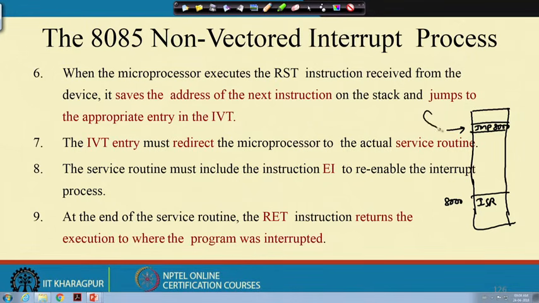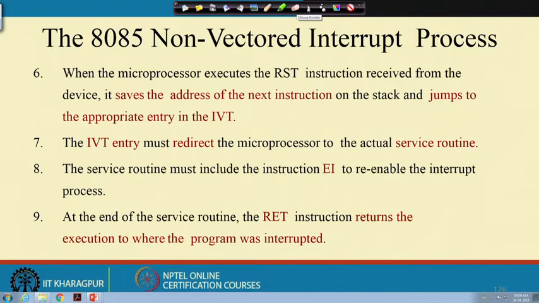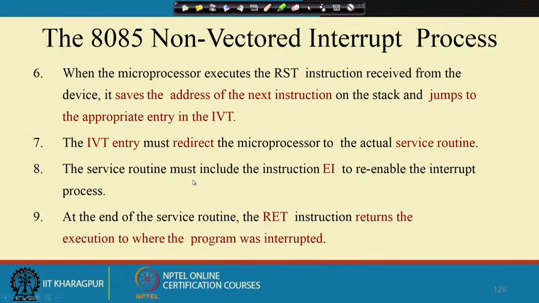Upon getting the interrupt, the processor comes to this point and executes the jump instruction. As a result, it goes to the ISR and executes the interrupt service routine. That is what is meant here, that the IVT entry must redirect the processor to the actual service routine.